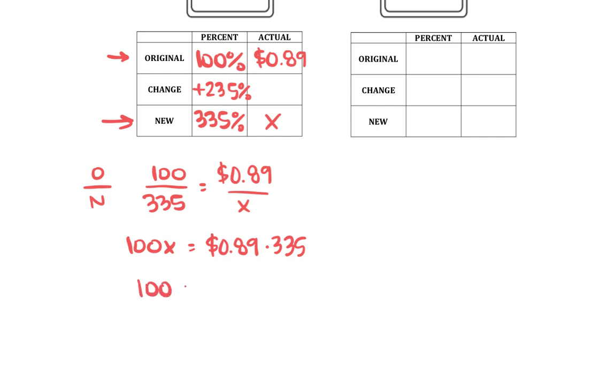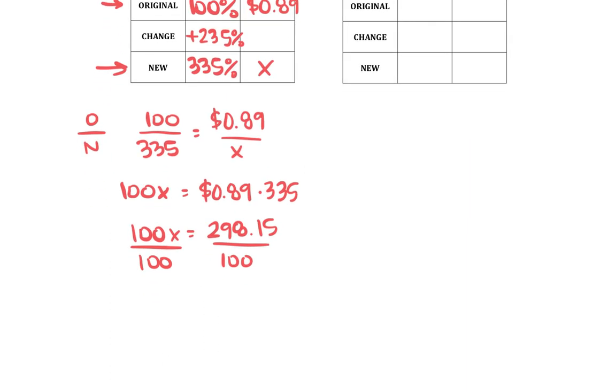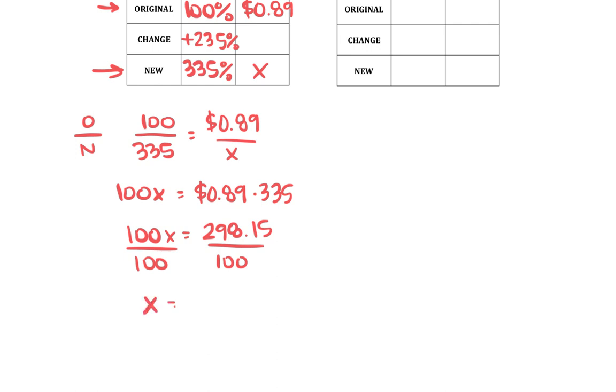So I get 100x equals 298.15. I'm going to divide each side by 100. And as always, you're going to round to the nearest hundredth. So x equals 2.98 because the next number is a 1, so it stays as an 8. I add the dollar sign, so now the price is $2.98. That's the new price.